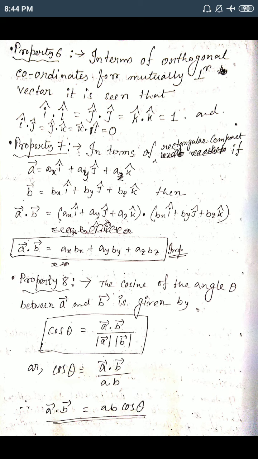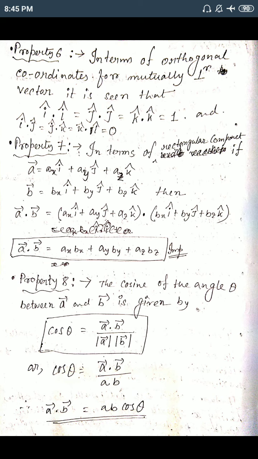In the XYZ coordinate system we use unit vectors directed along the x-axis, y-axis and z-axis, and these three are perpendicular to each other. Along the x-axis it will be i hat, along the y-axis it will be j hat, and along the z-axis it will be k hat. These are called orthogonal vectors. These are the unit vectors. They give us the direction of that given vector.